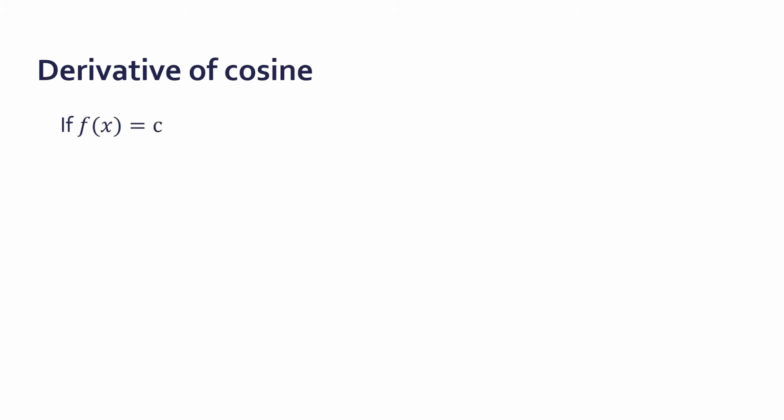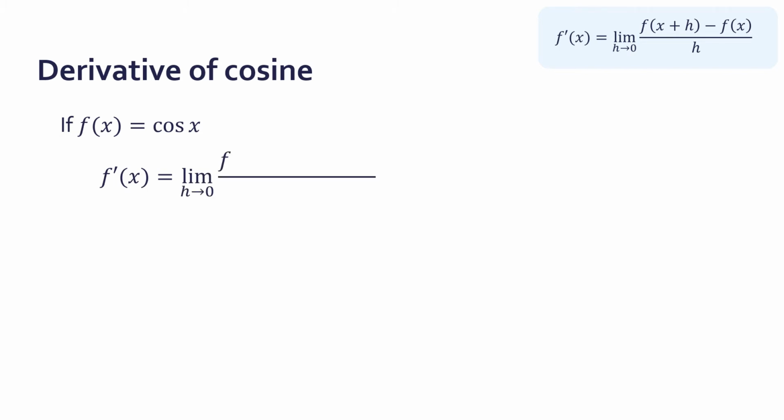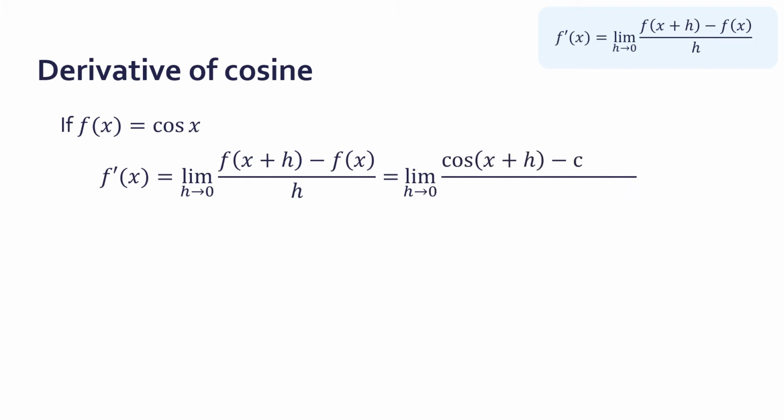Using the same method, we can know the derivative of the function cosine, first evaluating the function in the definition of the derivative. This time, we are using the trigonometric identity for the addition in the phase of the cosine function.